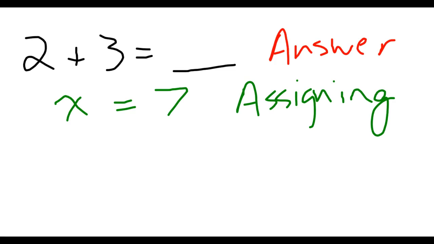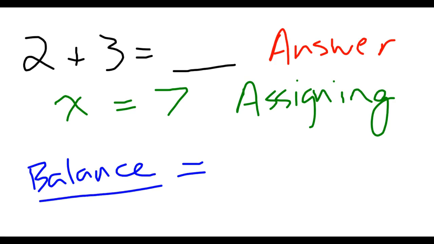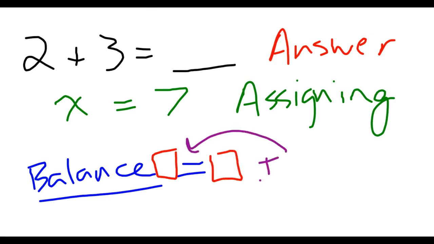What we need to think about is the equal sign in a third way. And that definition for the equal sign is based on balance. It says that the two values, or the two expressions, on either side of that equal sign really are truly identical in value.